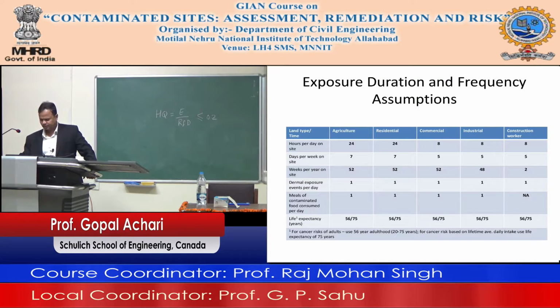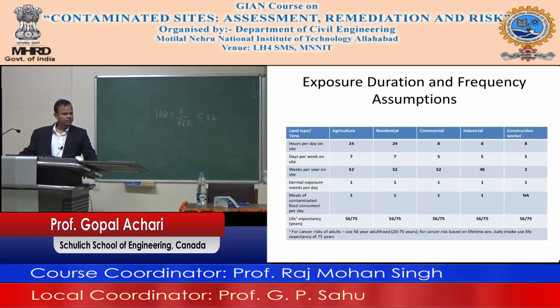Okay. So let's look at this one here. Recommended human receptors and their characteristics. So age, if you're dealing with an infant, body weight is given to you. Soil ingestion rate 0.02 grams per day. Inhalation rate 2.1 meter cube per hour per day.